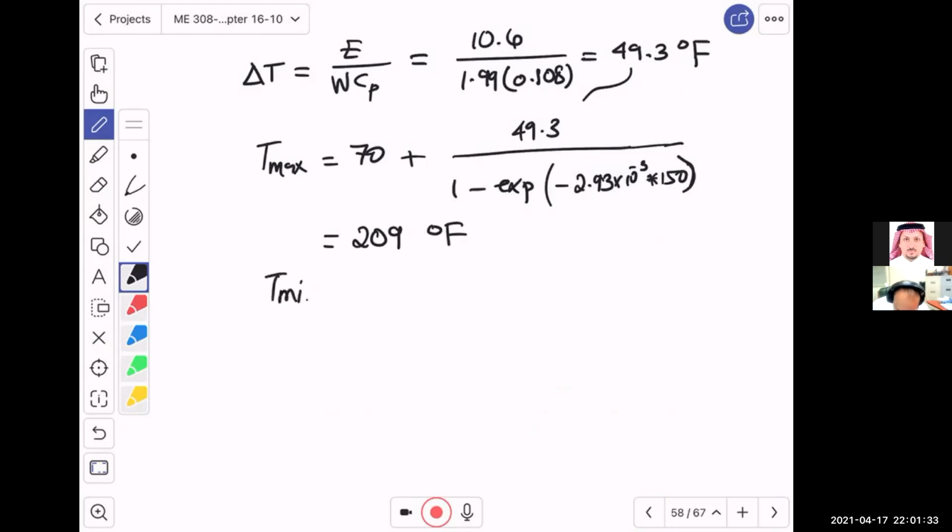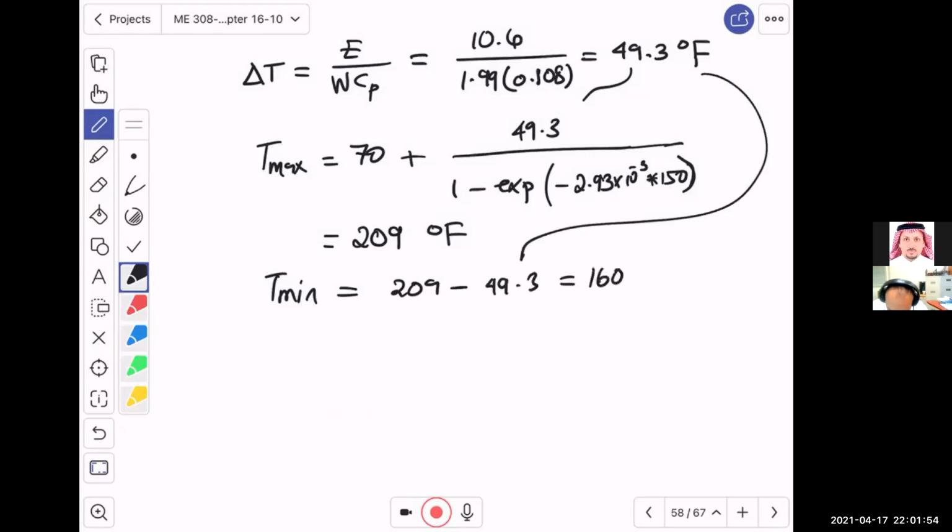Now, this is T maximum. T minimum will be equal to how much? T maximum minus delta T, because delta T is the temperature rise. So T minimum will be 209 minus 49.3, which is equal to 160 degrees Fahrenheit. That's a problem.